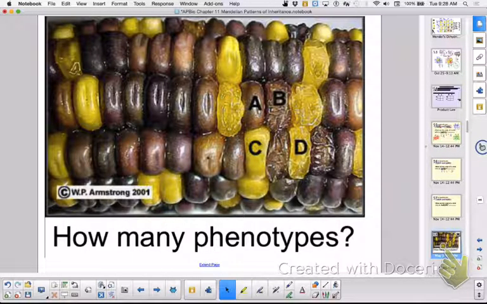So you have four different phenotypes. You have round and purple, wrinkled and purple, round and yellow, and wrinkled and yellow.